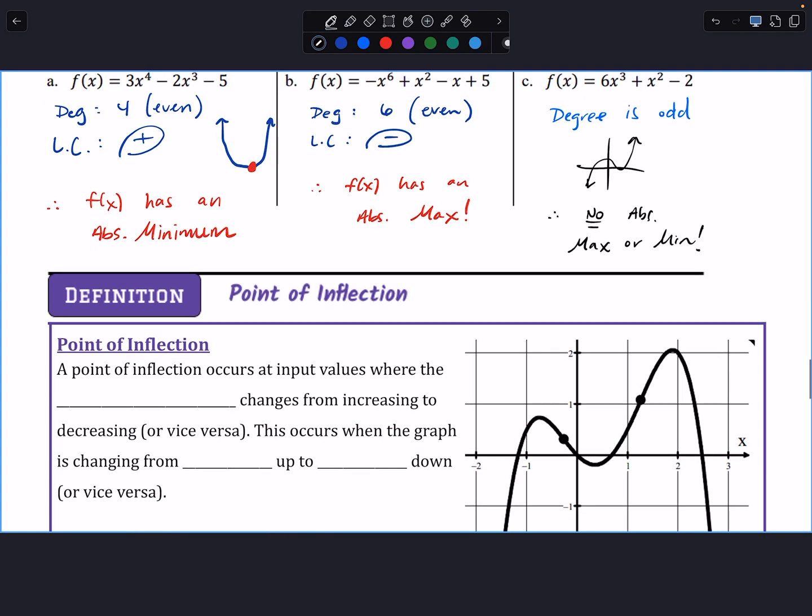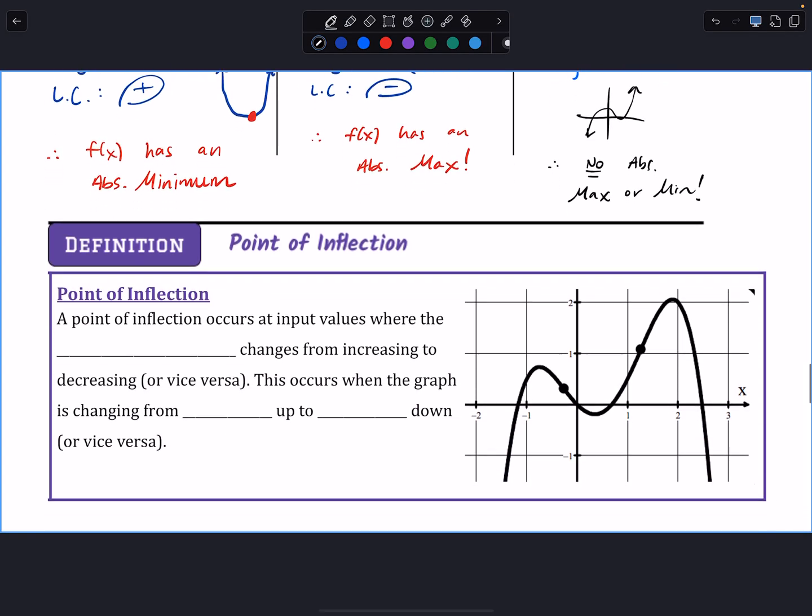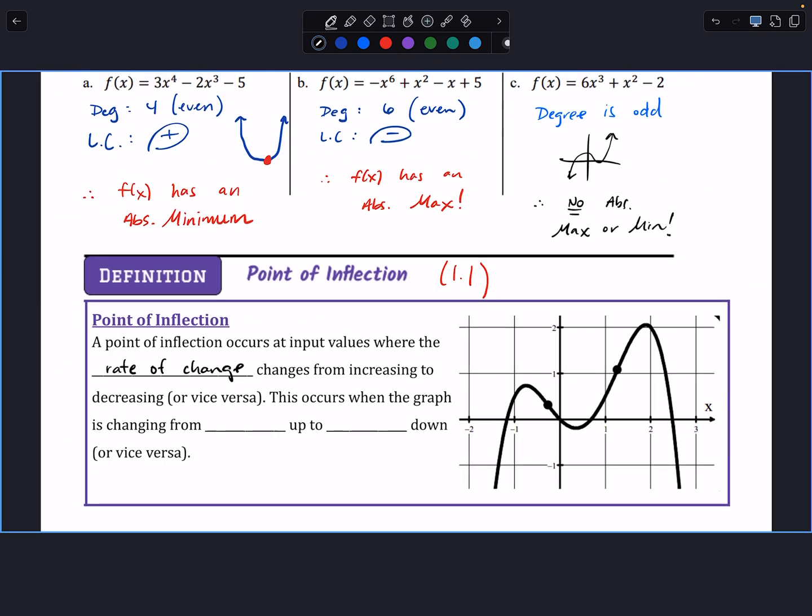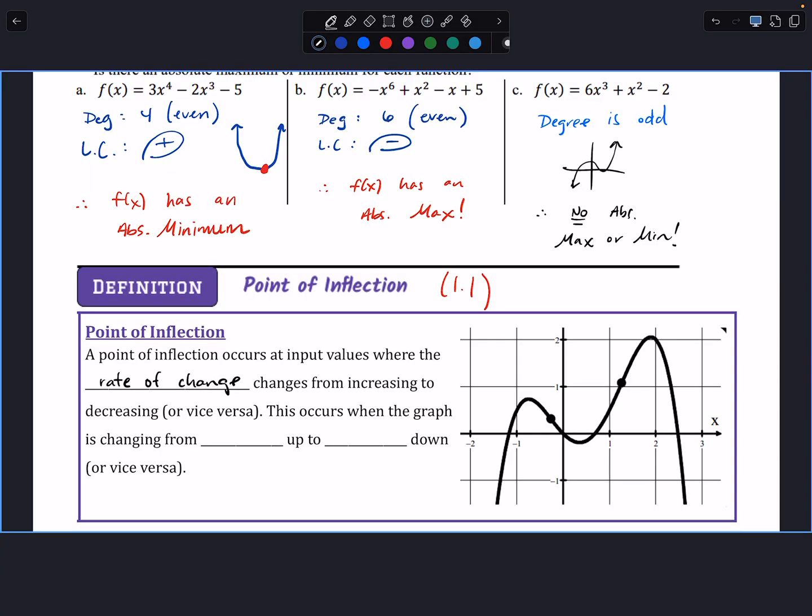Now they throw this in there too. This is just a refresher from 1.1. A point of inflection occurs at input values where the rates of change changes from increasing to decreasing or vice versa.